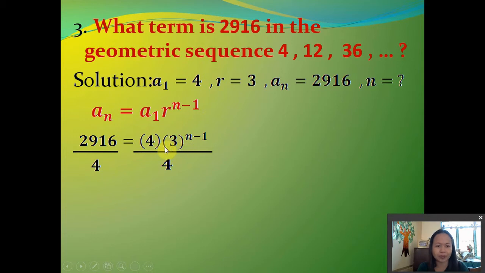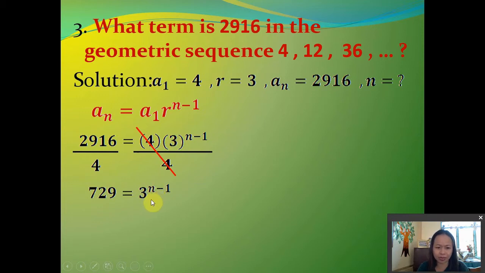Or simply, to make it easy, you are going to divide both sides by 4, so that you can eliminate 4, and 3 exponent n minus 1 will remain. And then this part, 2,916 divided by 4, and that is 729. On this side, 4 divided by 4 is equal to 1, so this will be eliminated. So 3 exponent n minus 1 will remain here.